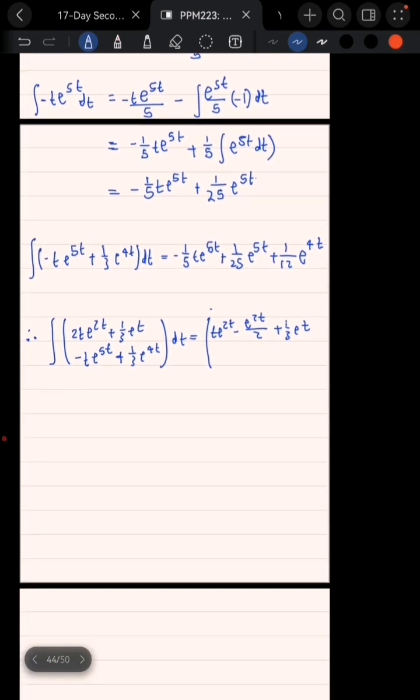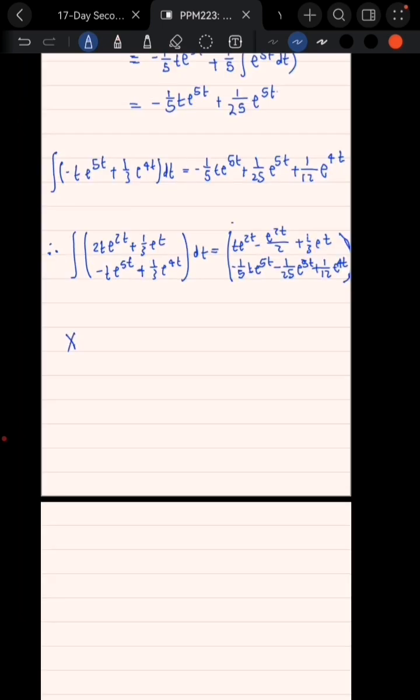And then for the second row, we got minus 1 over 5 t e to the power 5t minus 1 over 25 e to the power 5t plus 1 over 12 e to the power 4t.